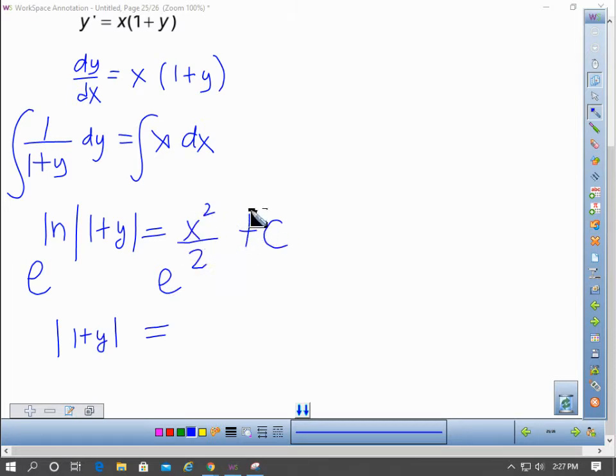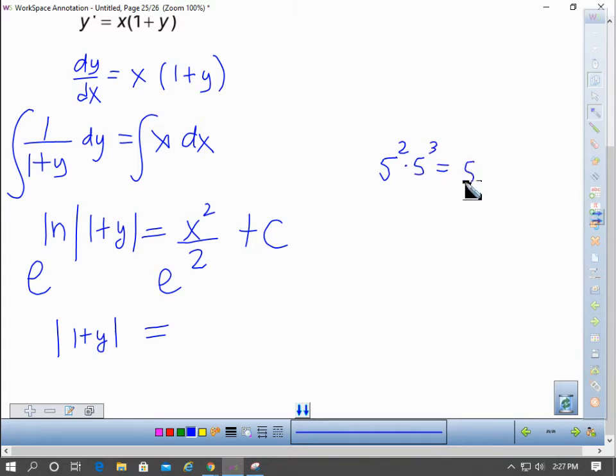Now remember, when you multiply powers, like if I have 5 to the second times 5 to the third, when you multiply powers, you add exponents. That would be 5 to the fifth. So if I start out with already a sum added together, I can break this apart into a product. So if I started out with 5 to the fifth, then I could write it as 5 to the fourth times 5 to the first, because when you multiply powers, you add.